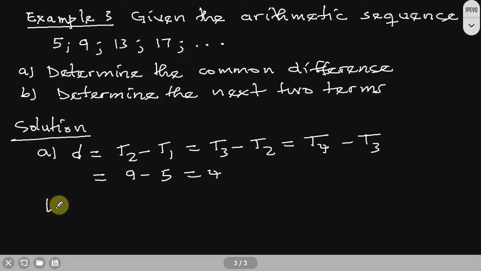Okay, now question B, determine the next 2 terms. So the next 2 terms, that is the terms after 17. It will be 17 plus 4, which is 21, and the next one will be 21 plus 4, so it will be 25.